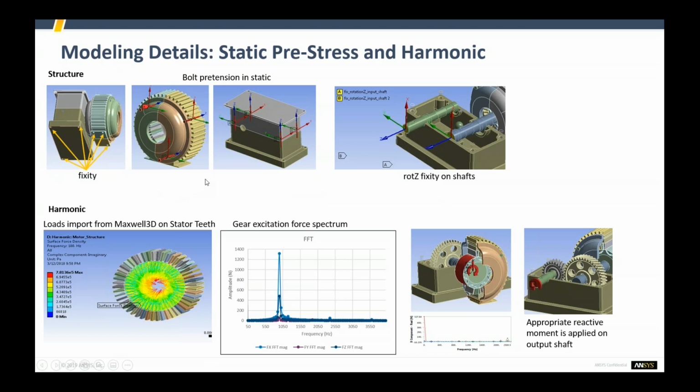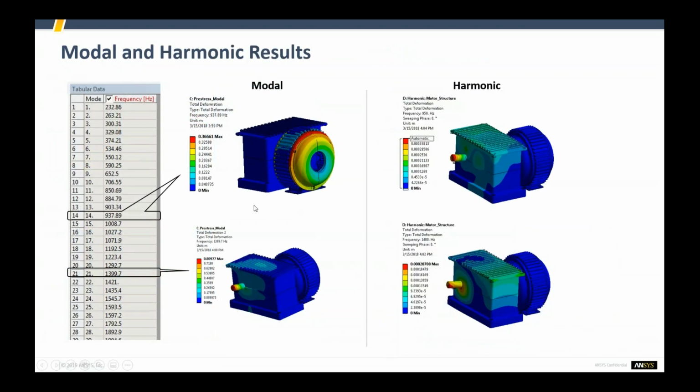For the harmonic, there are loads imported from Maxwell 3D on the stator teeth, and then the gear excitation for the spectrum. And lastly, we have an appropriate reactive moment applied on the output shaft. And we can do modal and harmonic results.